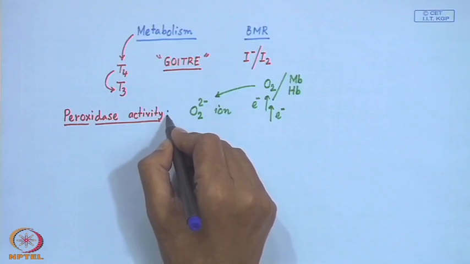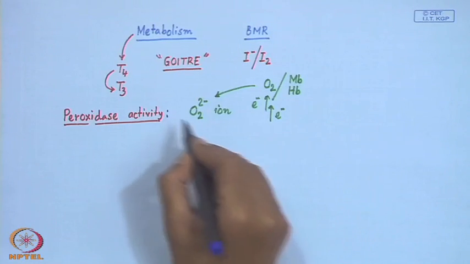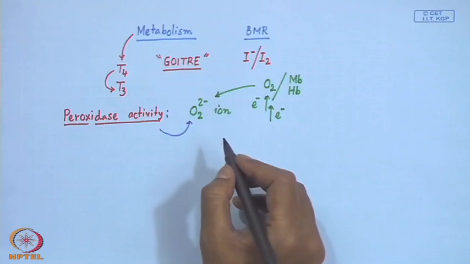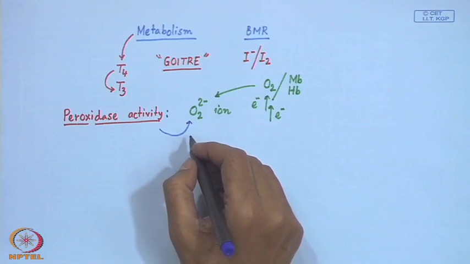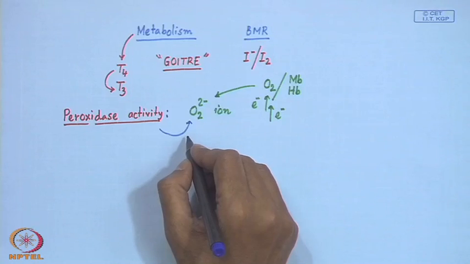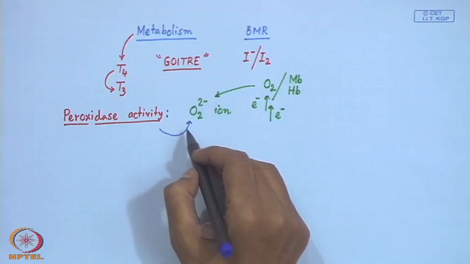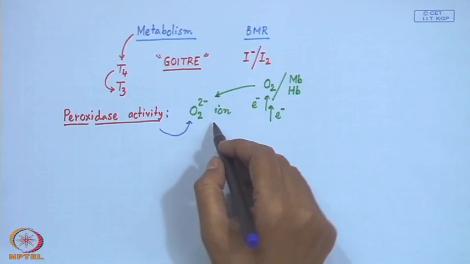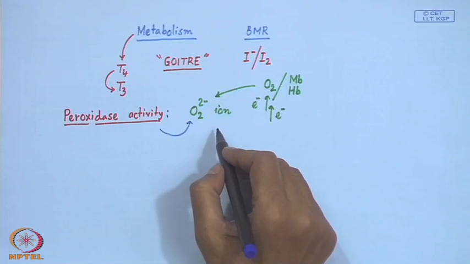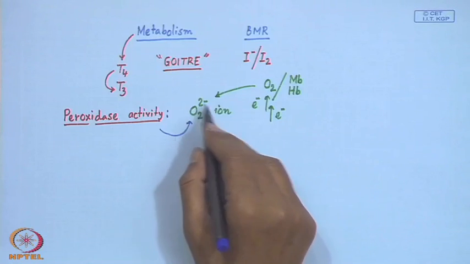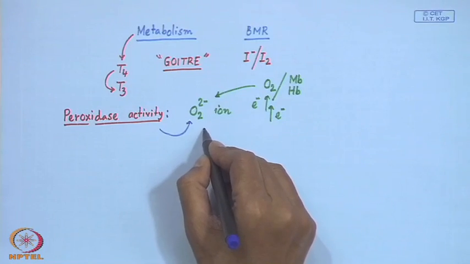If we consider this peroxidase activity, it is responsible for the destruction of the peroxide ion, because the accumulation of peroxide ion in any living organism, in animals' bodies, in humans' bodies, is a serious matter, because peroxides are pretty strong oxidizing agents.